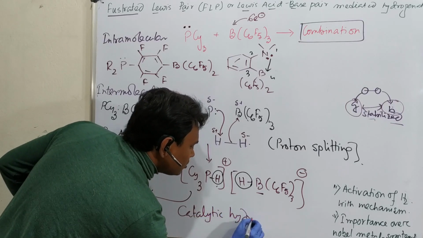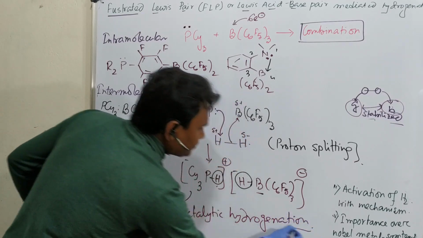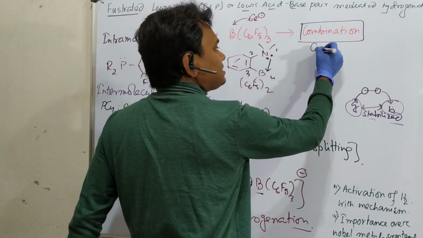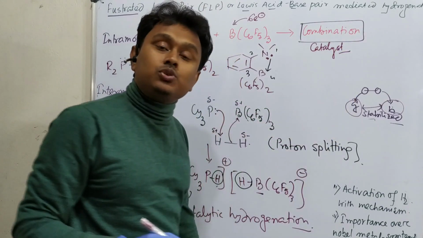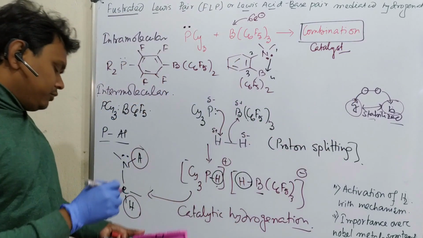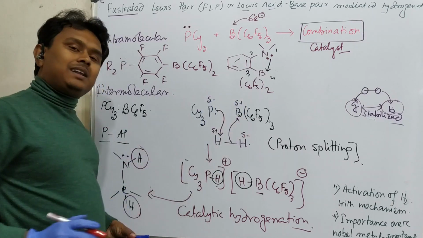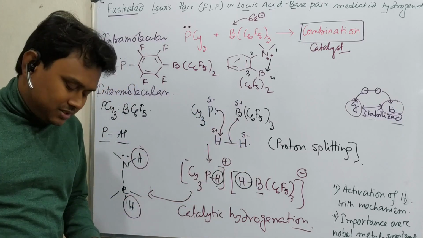Catalytic hydrogenation. So actually this combination acts as a catalyst to split hydrogen and do some hydrogenation reaction. Now you can ask me a question: previously they were unstable, frustrated. After that they got some stabilization, happiness.